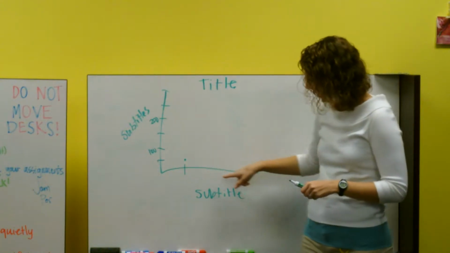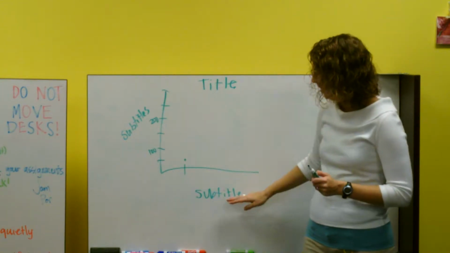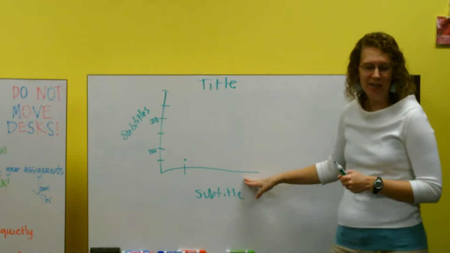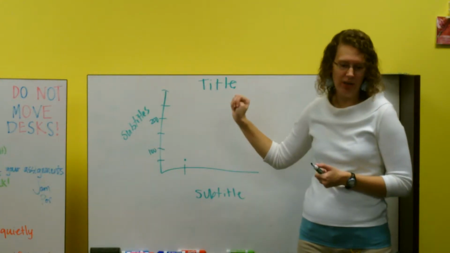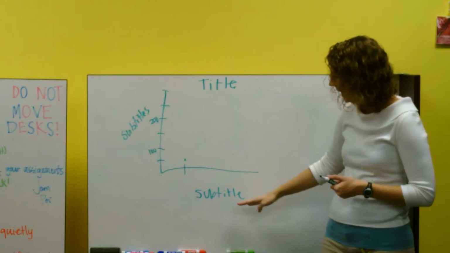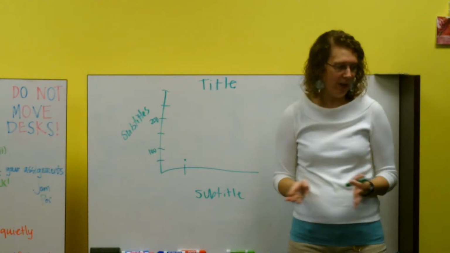The subtitles are on, remember what we call this? The axes. Good. So the subtitles tell us the information that we need for our axes so that we know what we're looking at as we talk about new car sales. Good. So our subtitles give us more information and our title helps us know the big picture. Okay?